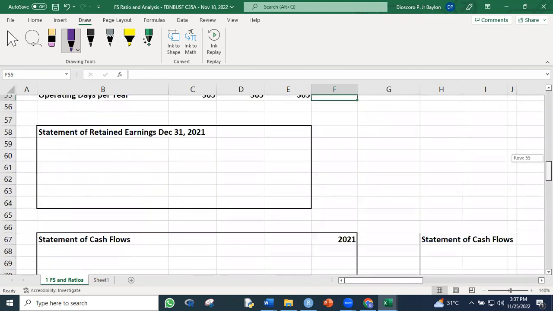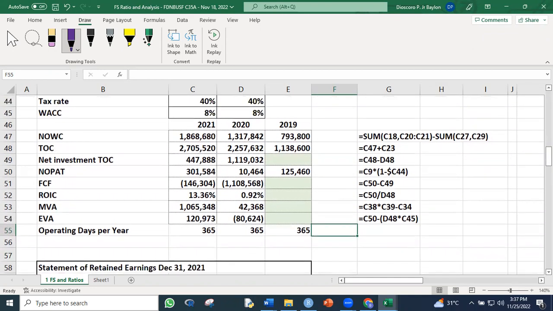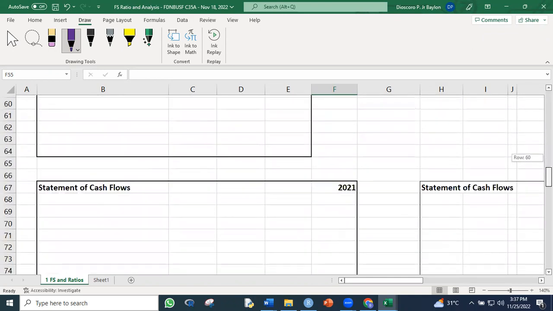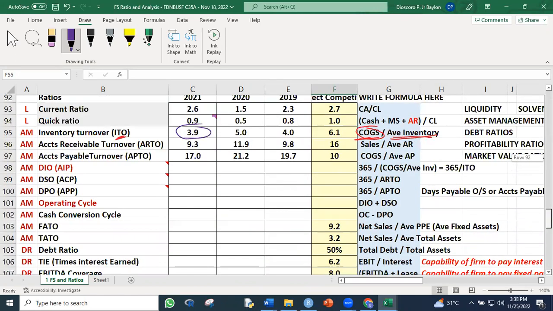So there are some businesses, some industries like that. Regardless of holidays, floods, or natural calamities, they still have to be open. And the formula is just 365, which is our operating days.